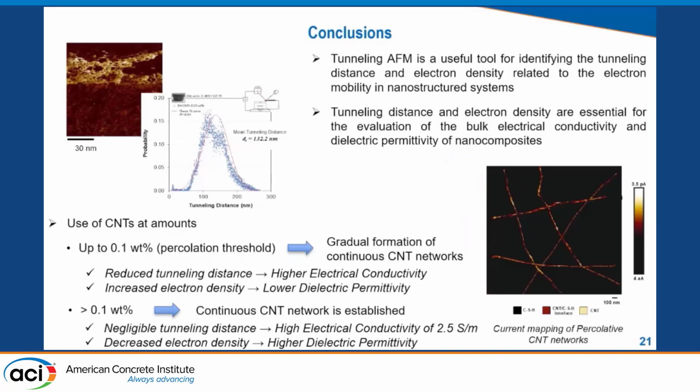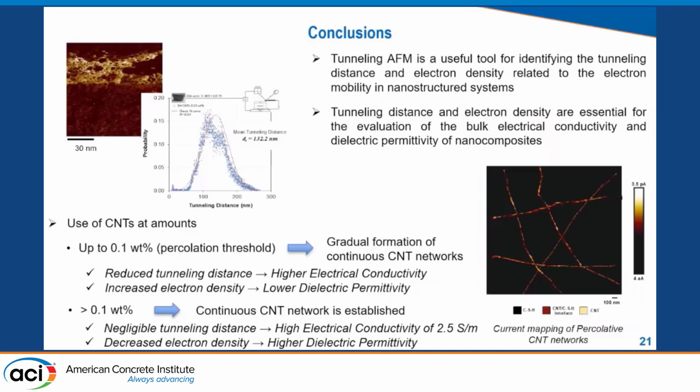So, to conclude, we can use the tunneling AFM as a tool to identify the 2 nanoscale properties, tunneling distance and electron density, which are related with the electron kinetics in nanocomposite materials.